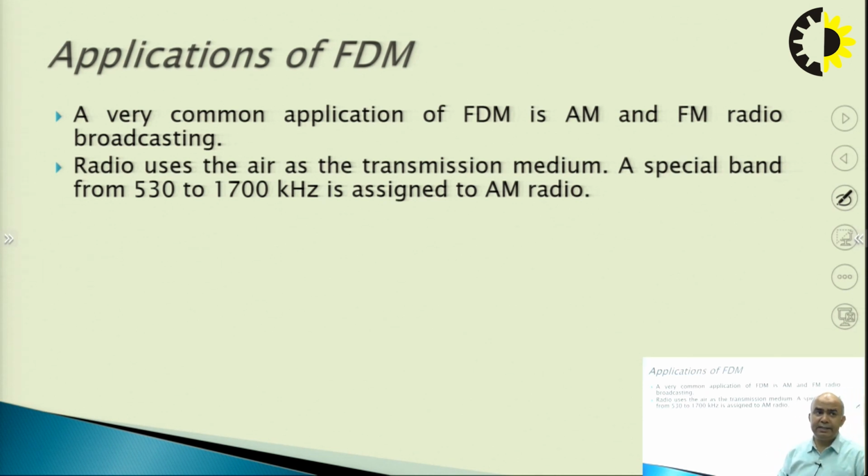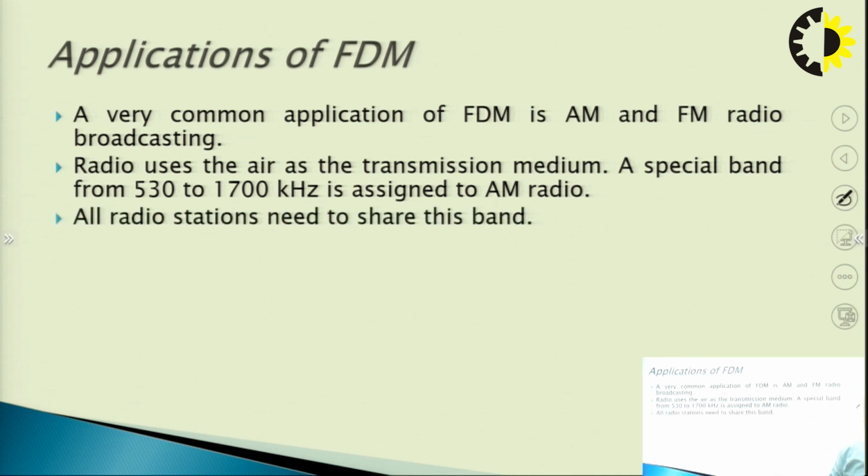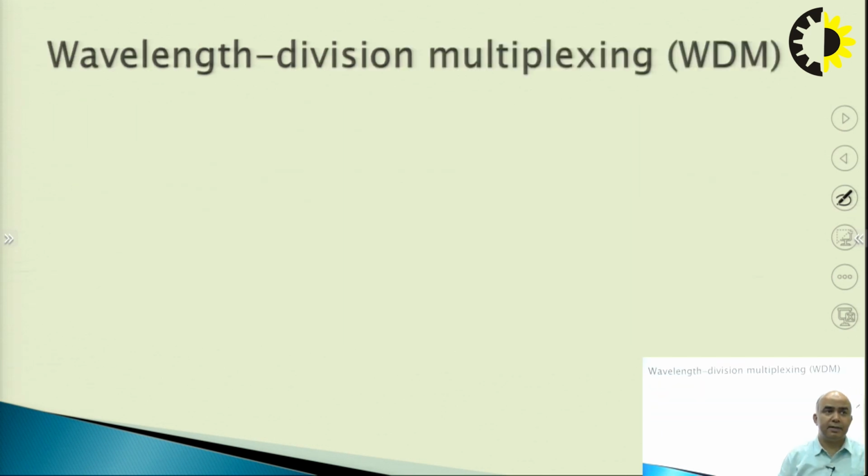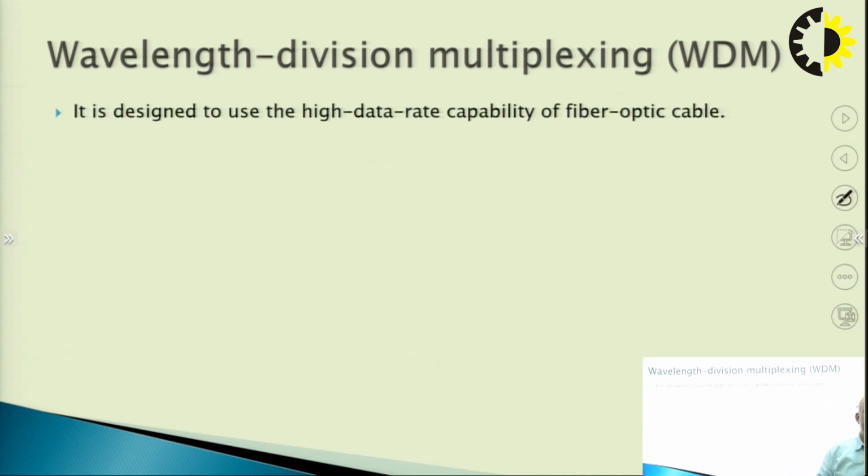So, all radio stations need to share this band. Another common use is FDM television broadcasting, in which each channel has its own bandwidth of 6 megahertz.